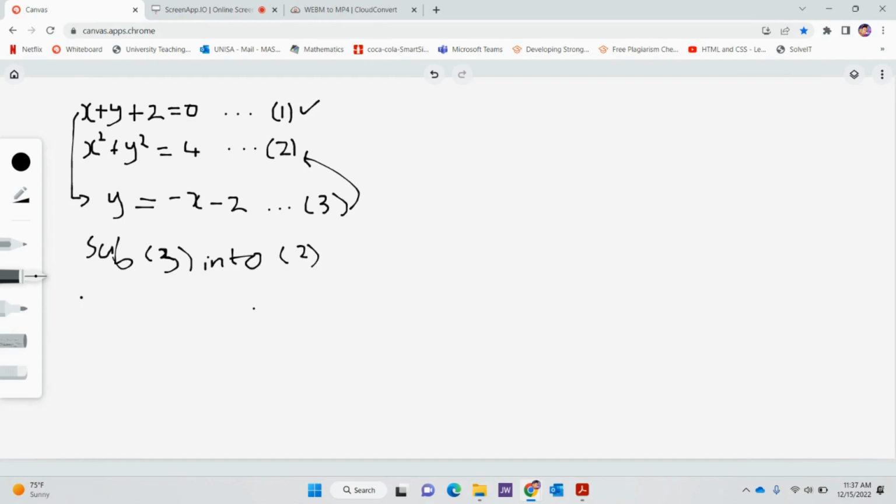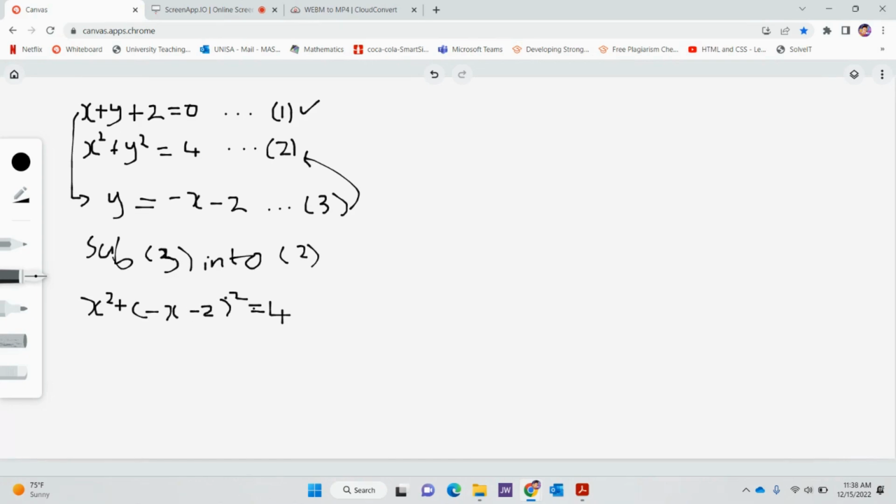So we're going to have x squared plus, we substitute y now. Y, which is minus x minus 2, all of it squared, equals to 4. So a common mistake here is applying laws of exponents on an expression that has a negative or a plus.